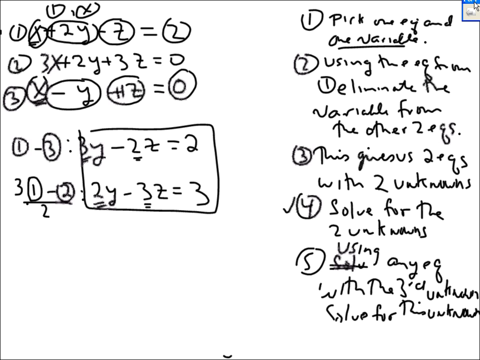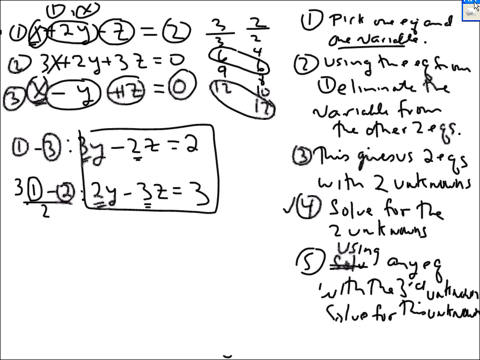The first common multiple between 3 and 2 is 6. Here are the first few numbers on the 3 times table. Here are the first few numbers on the 2 times table. I won't argue that 12 is a common multiple, but 6 is the least one.